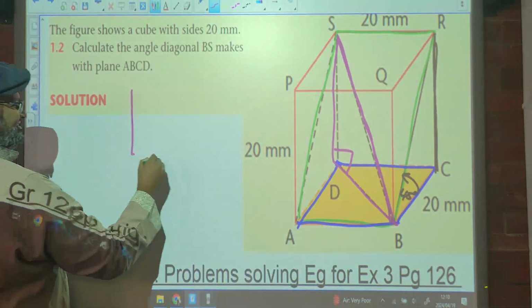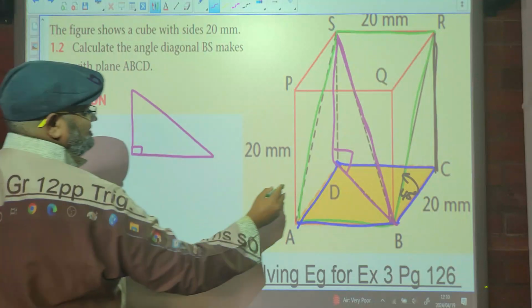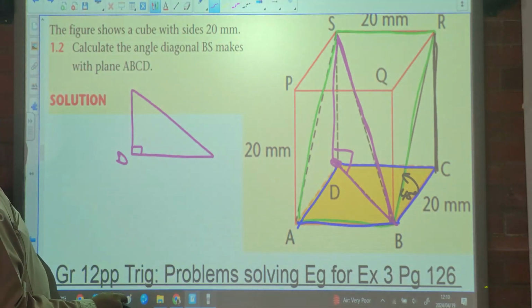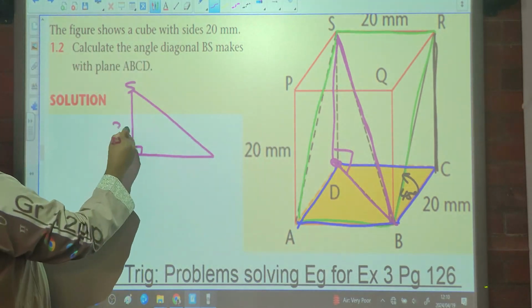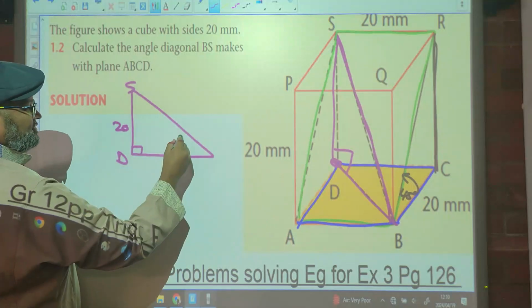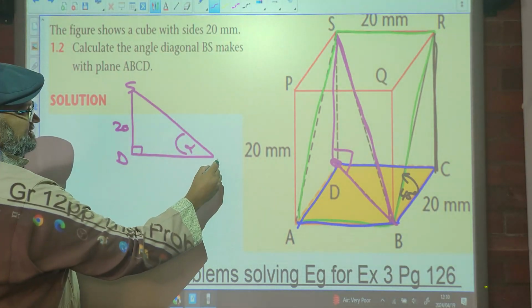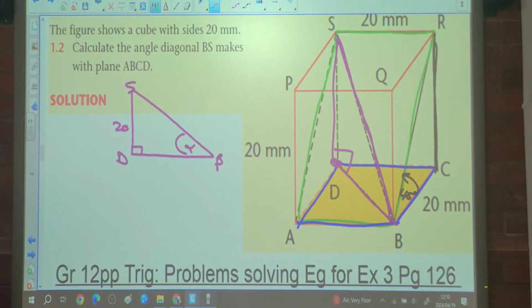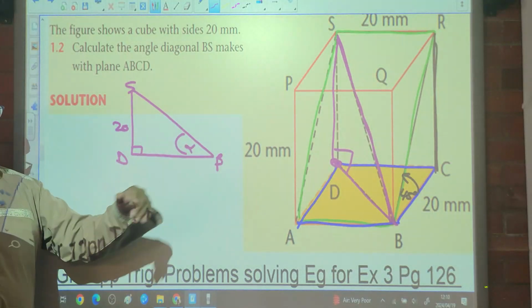Sorry, that D is not on the right way, I'm telling you. It makes me confused. Okay, here we go. The angle they want us to calculate is called alpha, and then this is B. But to calculate this angle, what do I need? I either need SB or DB.